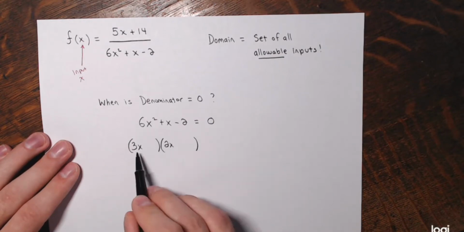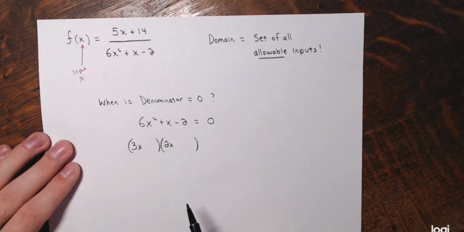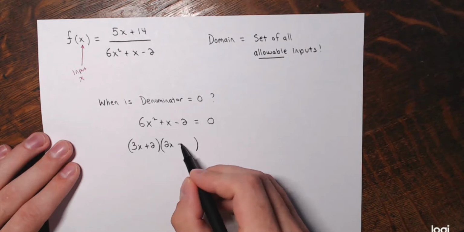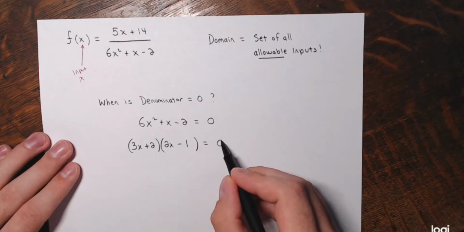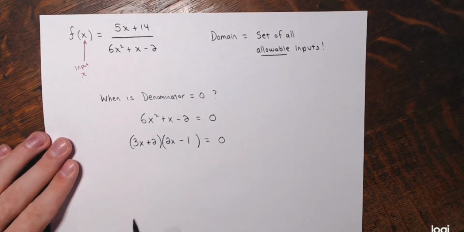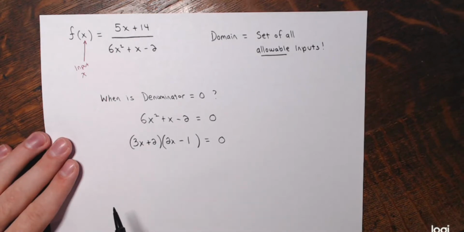I know you could have 6x and x, but again, you could do the AC method, guessing and checking. I need a plus 2 here, minus 1 here. Great, and again you can check this by foiling, multiply these, you should get 6x squared plus x minus 2.